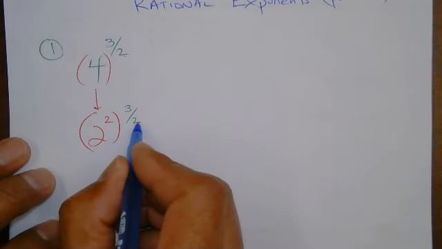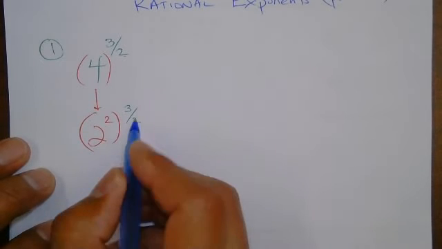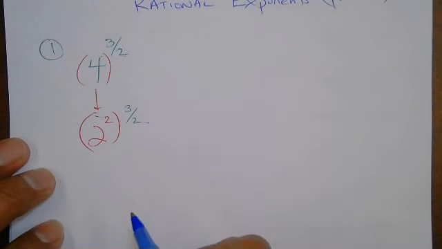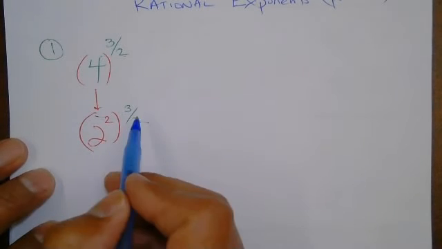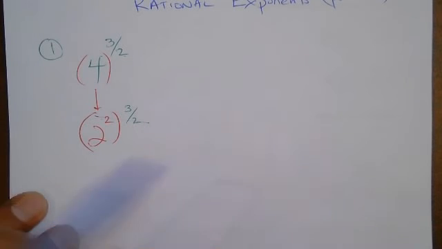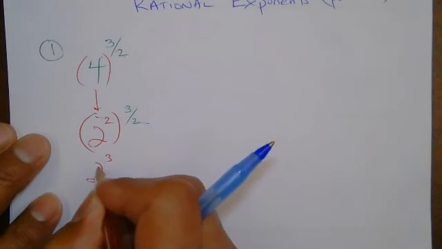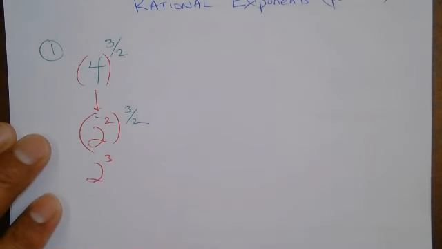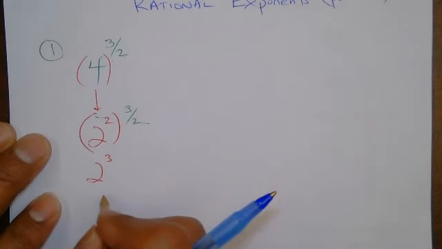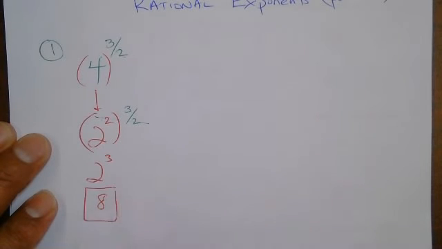Well, you know that this 2 and this 2 are going to cancel, right? One of them's in the numerator, one of them's in the denominator. They divide out. So we're left with 2 to the power 3. You guys agree? And then 2 times 2 times 2 is 8. Okay. That's not new. That was part 1. That was worksheet 1, right?